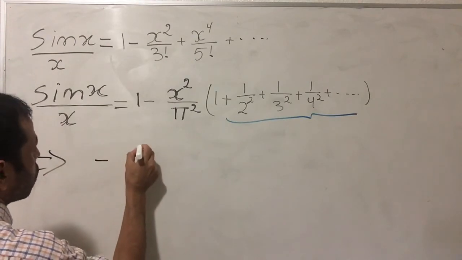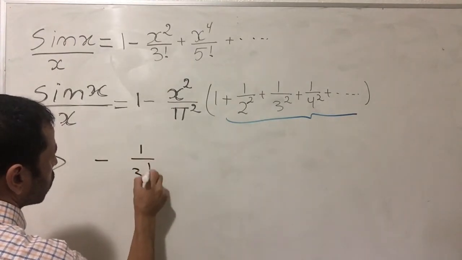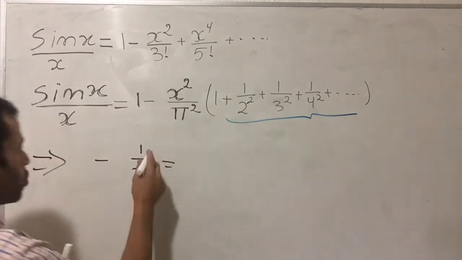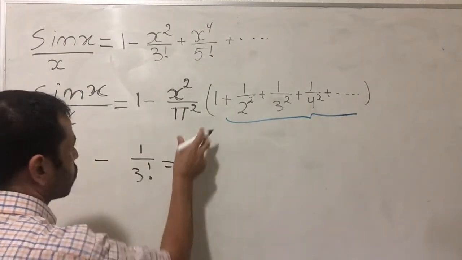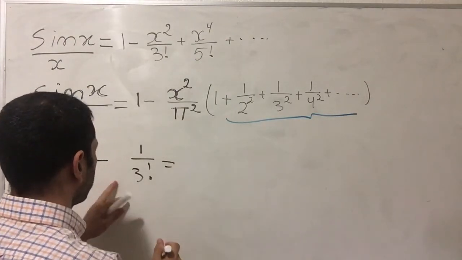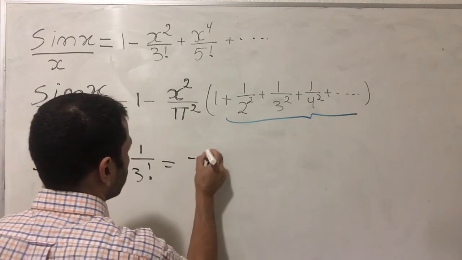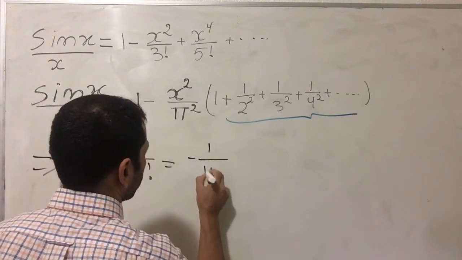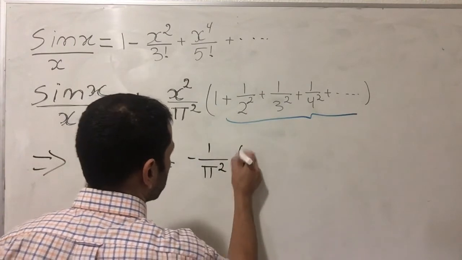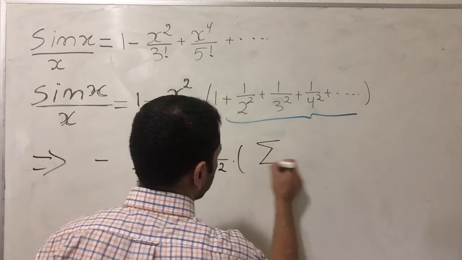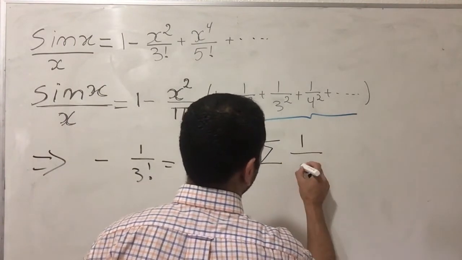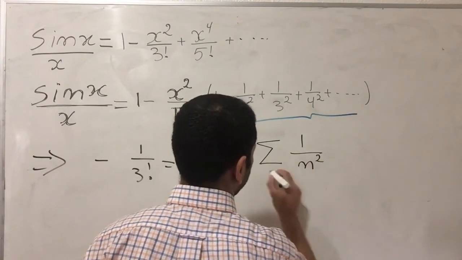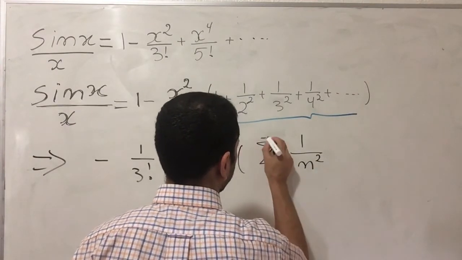This sum is the sum of 1 over n squared as n goes from 1 to plus infinity.